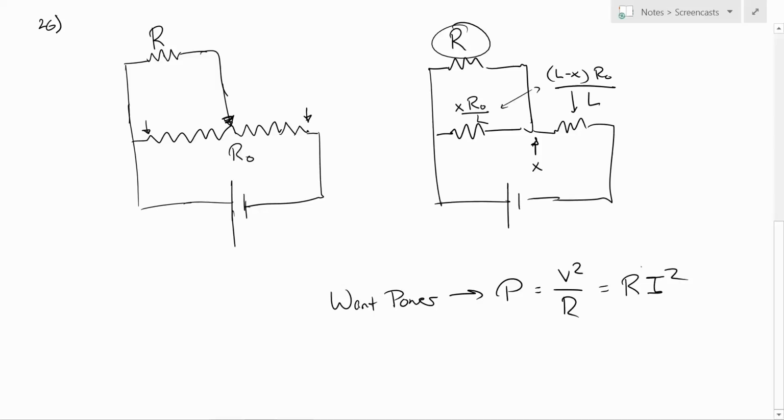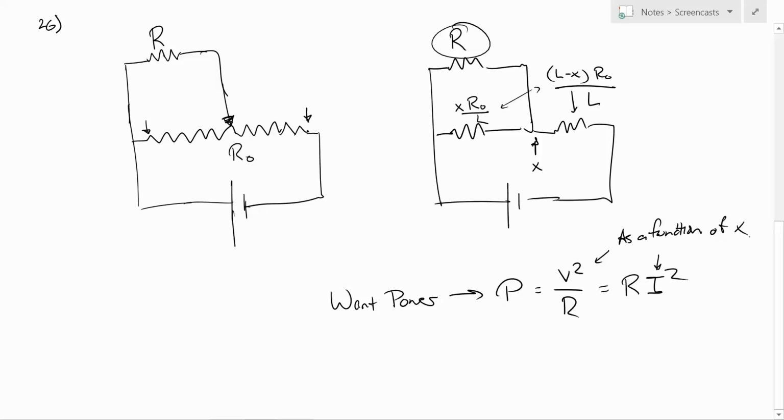But basically what needs to happen, you need to get either I or V as a function of X. And that is going to be pretty tricky.